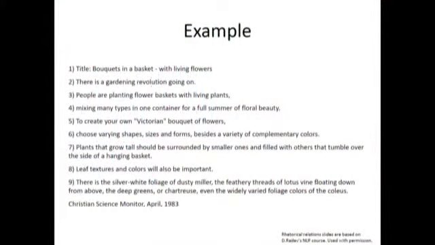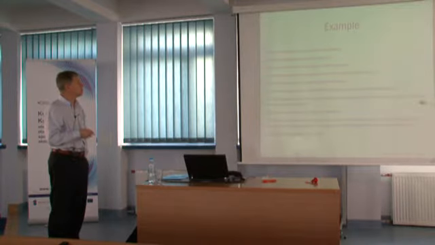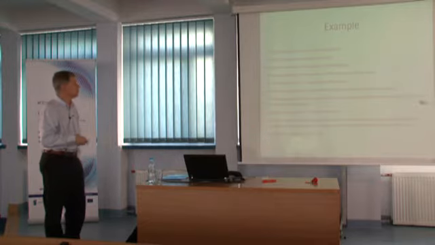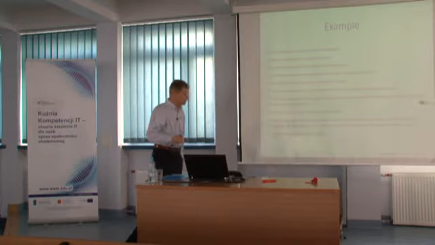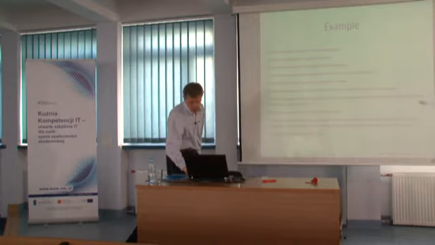So here we have a piece of text basically about flowers. There is a title, Bouquets in Basket with living flowers, and then there is a bunch of descriptions. So this is presumably from some Christian Science Monitor article. Now, I'm not going to go through all these sentences.